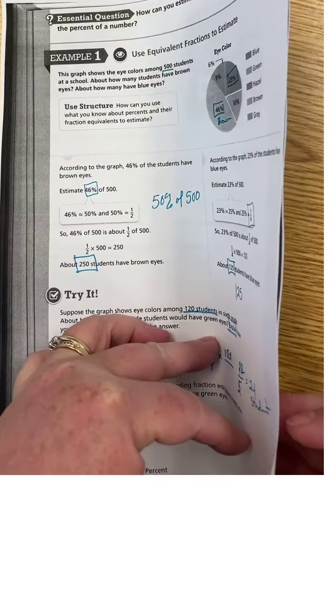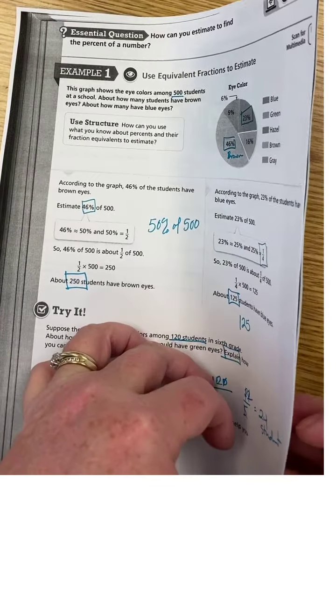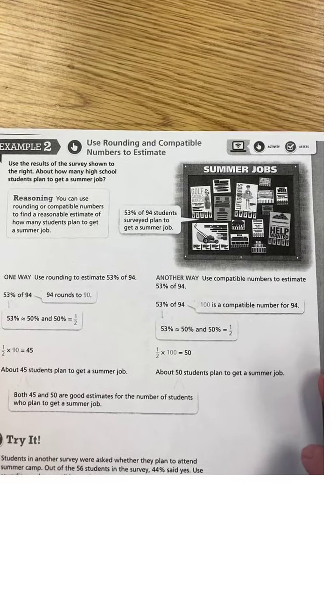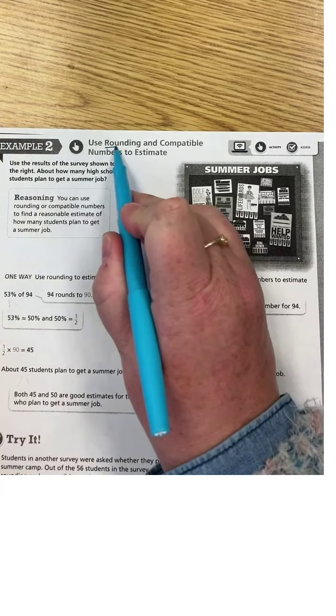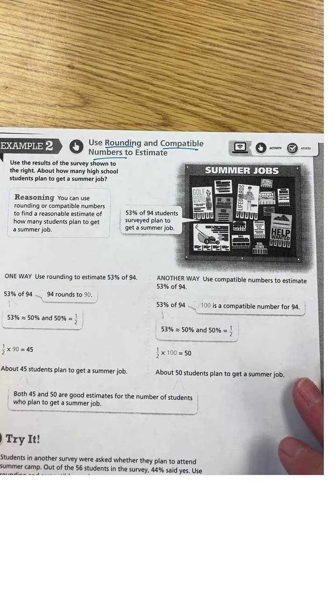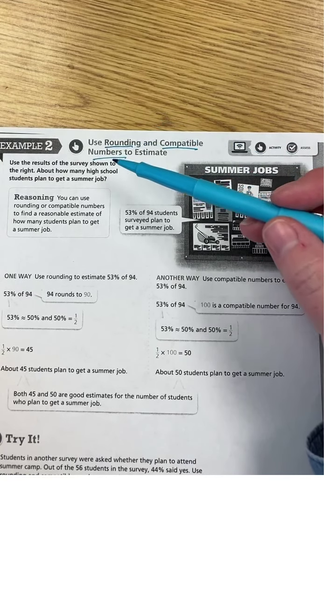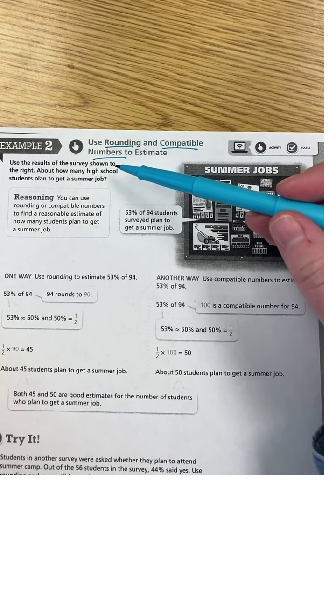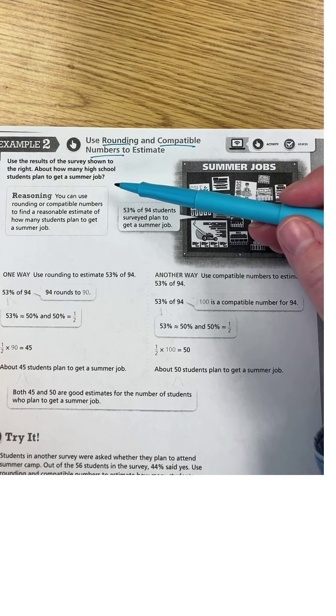Sorry. Sometimes that happens. Let's look at example number 2. This time you are going to be rounding and using compatible numbers to estimate. So use the results of the survey shown to the right. About how many high school students plan to get a summer job?